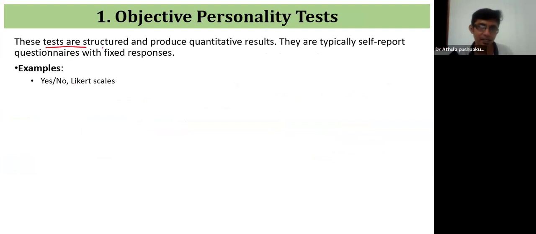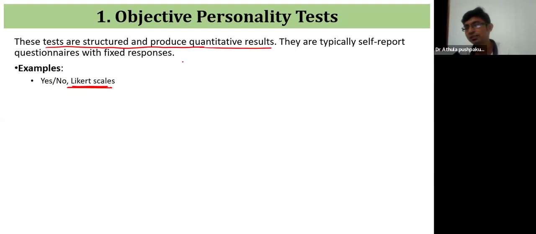These tests are structured and produce quantitative results. They are typically self-report questionnaires with fixed responses. One example is the Likert scale. The objective can be identified to measure the personality.